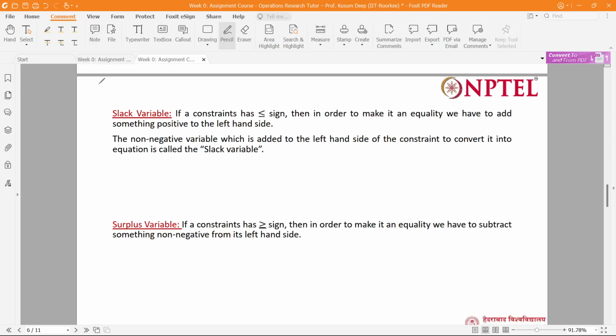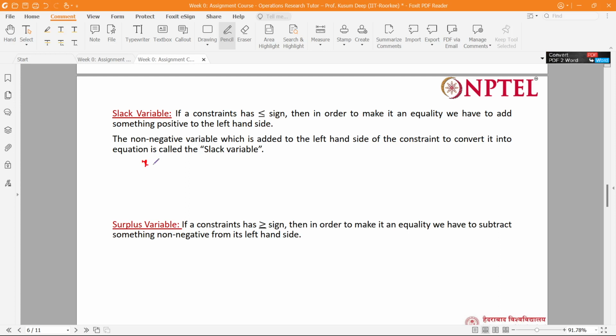And next, these are the two definitions for slack variable and surplus variable. The slack variable: if the constraint is of less than or equal to type, then in order to make it an equation, we have to add something positive to the left hand side. That is called a slack variable.